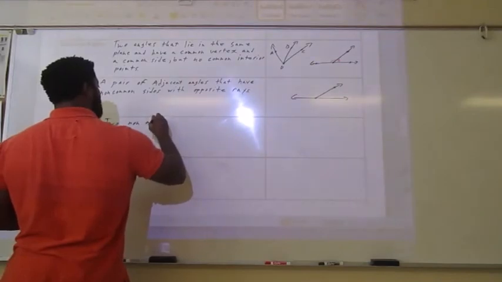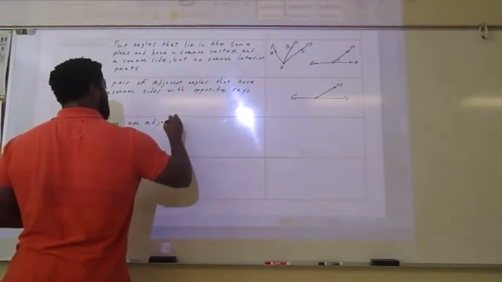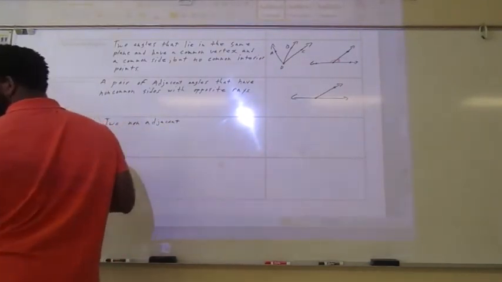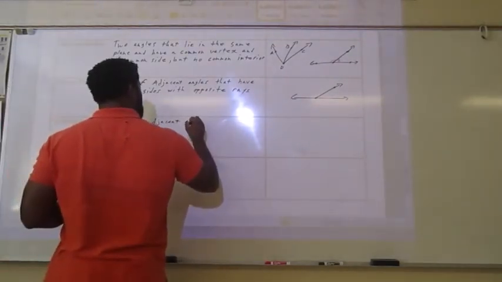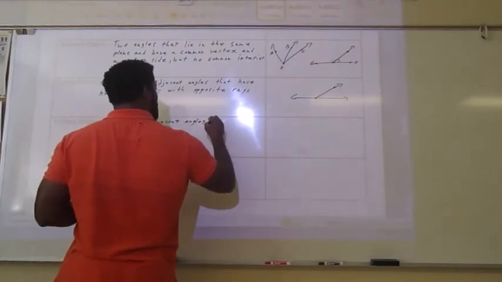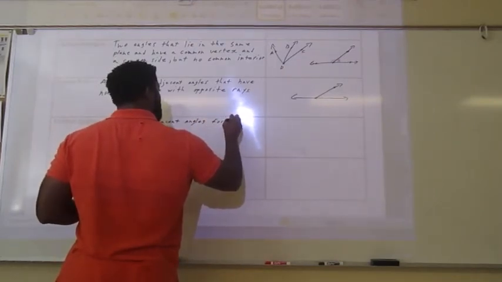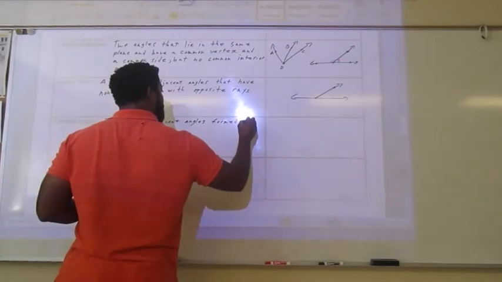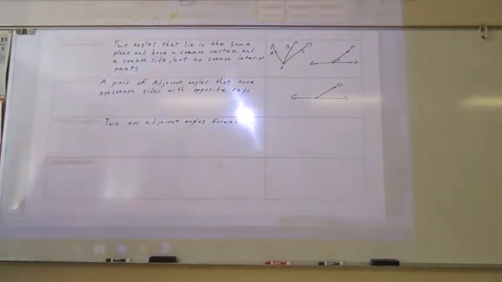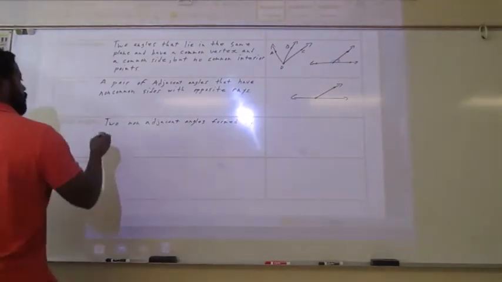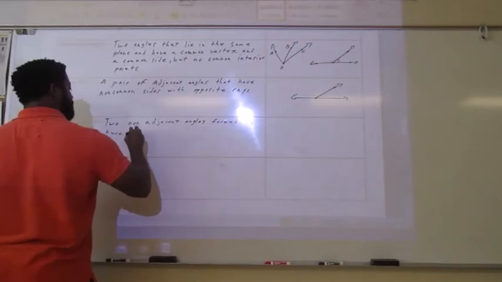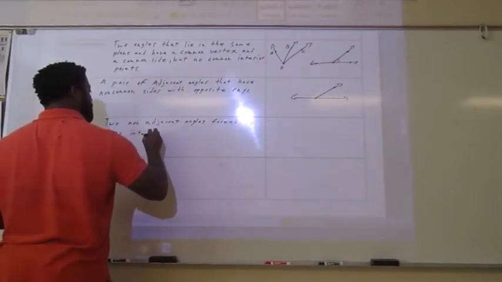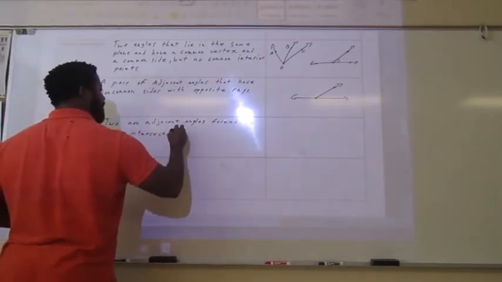Two non-adjacent angles formed by two intersecting lines.